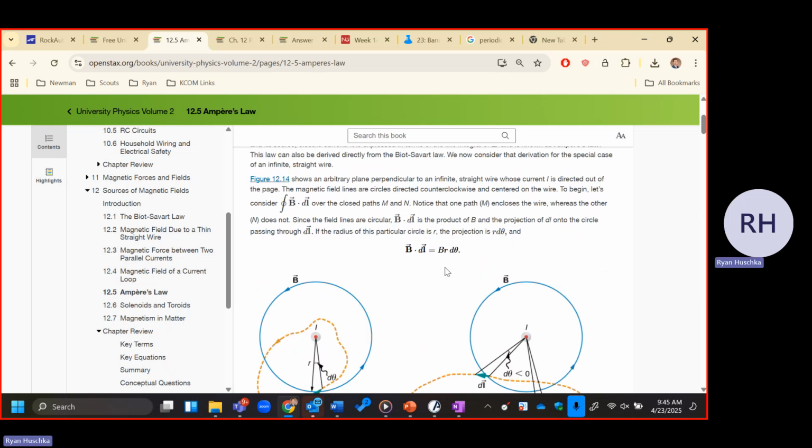And not to get too much into the weeds of the calculus again, but this is Ampere's law. I was going to spend a little more time on it, but I love the stuff that we did for the bond order activity, so we'll go over this just a little bit quicker.